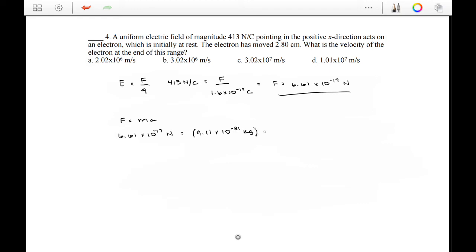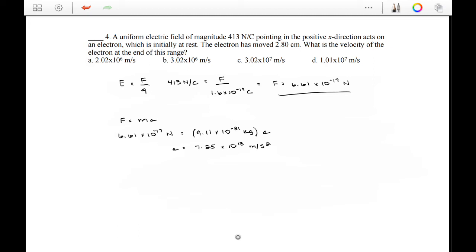And then just solve for our acceleration. So I'm going to divide the force by the mass of an electron. That's going to give me an acceleration equal to 7.25 times 10 to the 13th power, and that's meters per second squared.